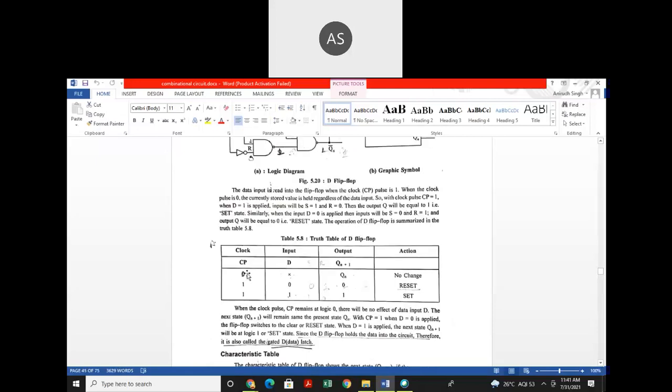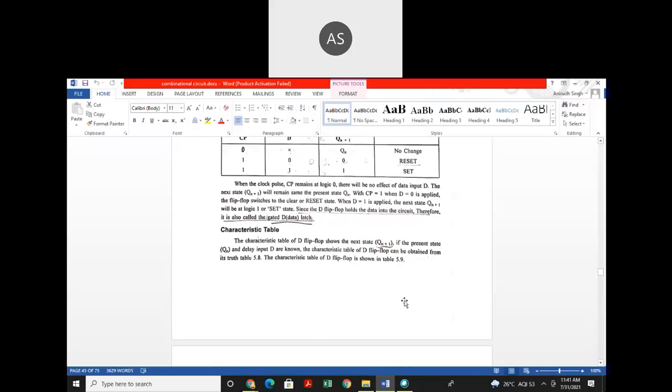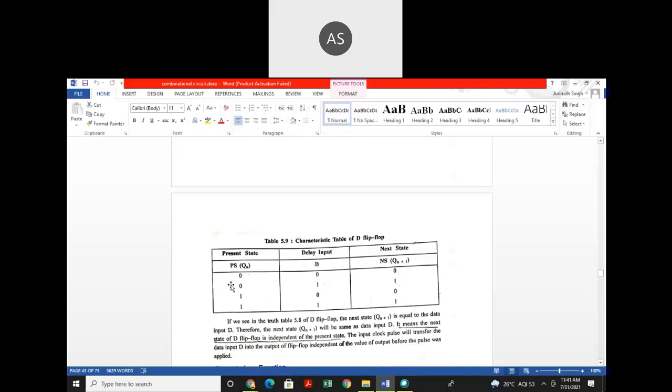So we can say when clock input is 0, then there is no change in state. When clock input is 1, if we give 0 input, we get reset state, and if we give 1 input, then we get set state in D flip-flop. Then this is the characteristic table, present state and delay input.